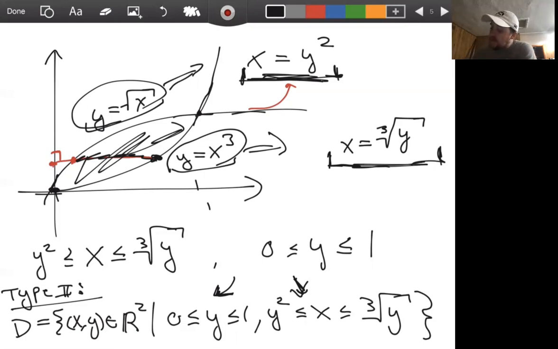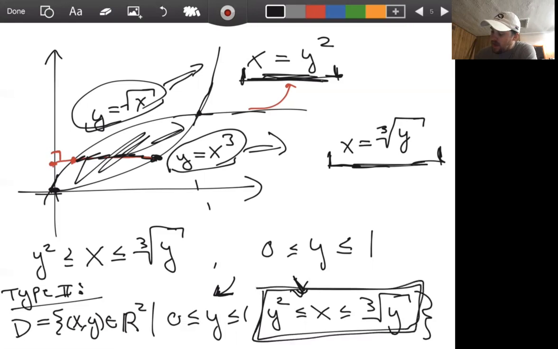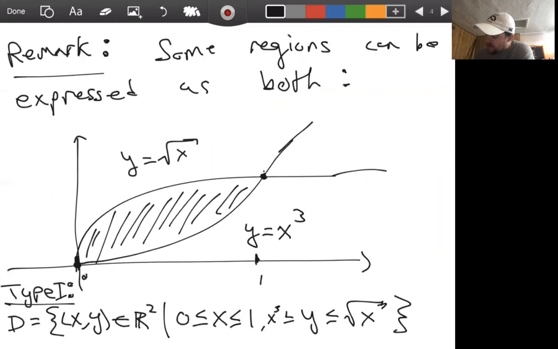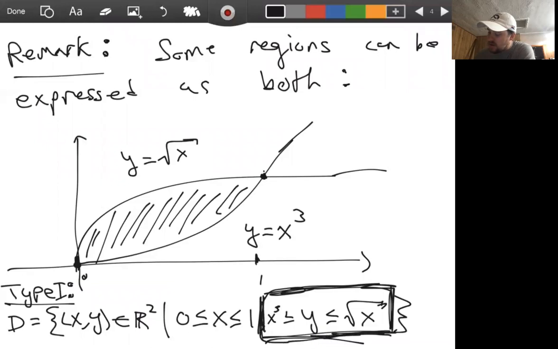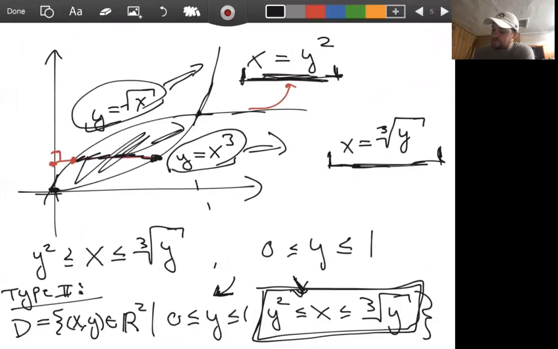And because of that, it can become extremely difficult based on what functions are in your bounds. So if it's easier to integrate a given function with respect to a certain set of bounds, then you should convert your region into being expressed that way and then integrate. We'll see examples of that later.